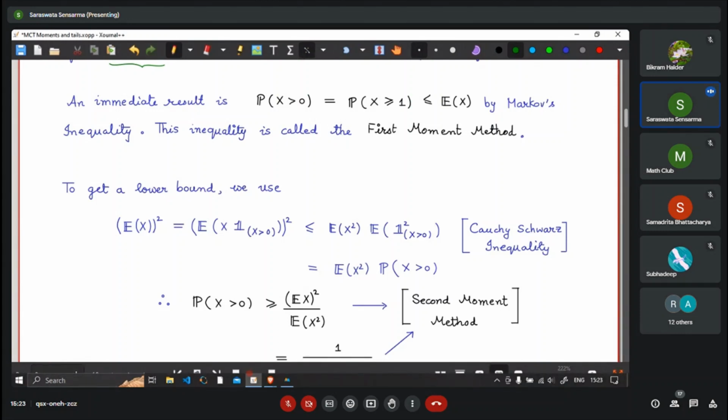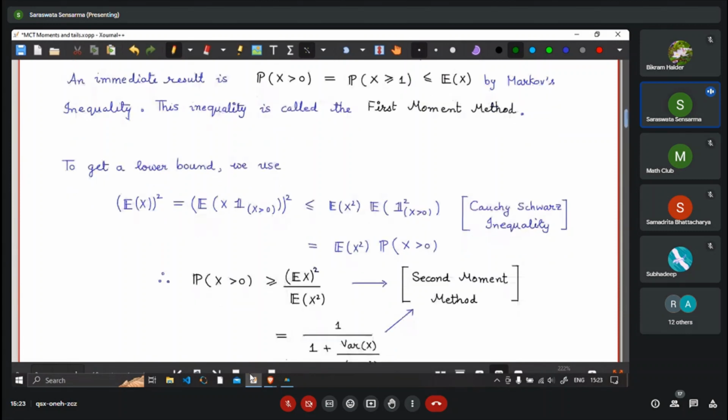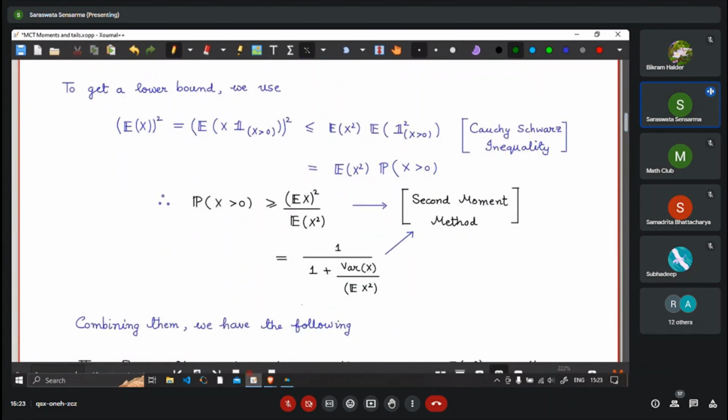If X is 0, it doesn't contribute to the expectation anyway, and then we use Cauchy-Schwarz to get this. In other words, the probability that X is strictly positive is bounded below by the square of the first moment divided by the second moment. This is the so-called second moment method.